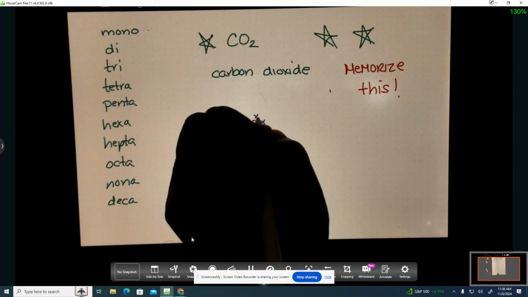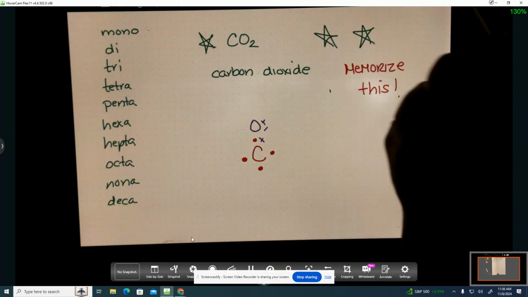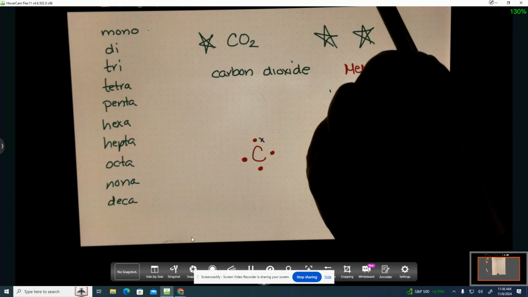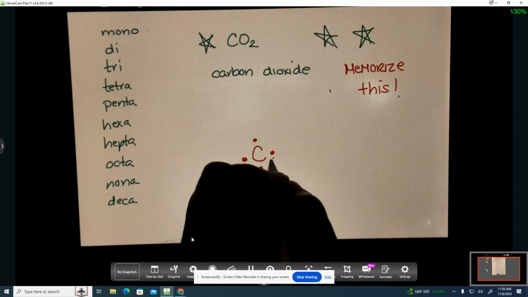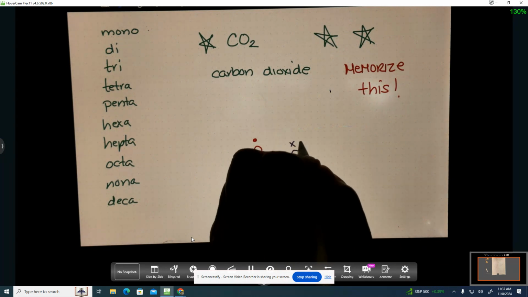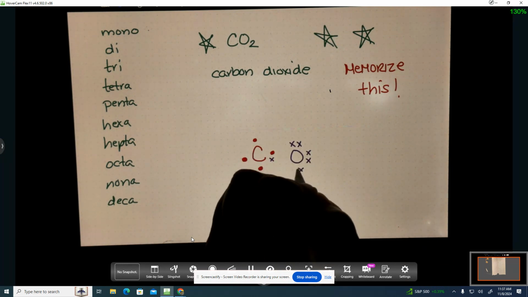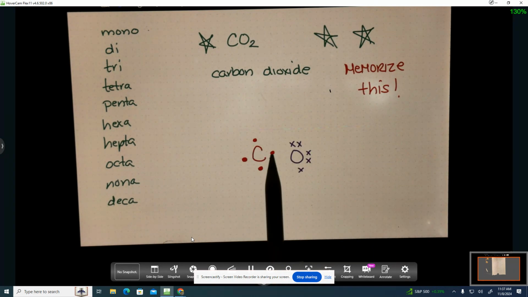Oxygen has 6 valence electrons. Oh, let's not put it there. Let's put it on the side. It's easier to see. Thank you. Okay, I'm going to put an oxygen here. Oxygen has 6 valence electrons. Okay? These X's are the valence electrons for oxygen.